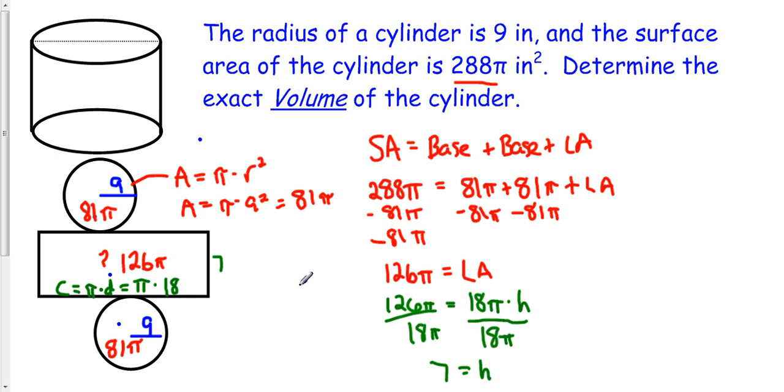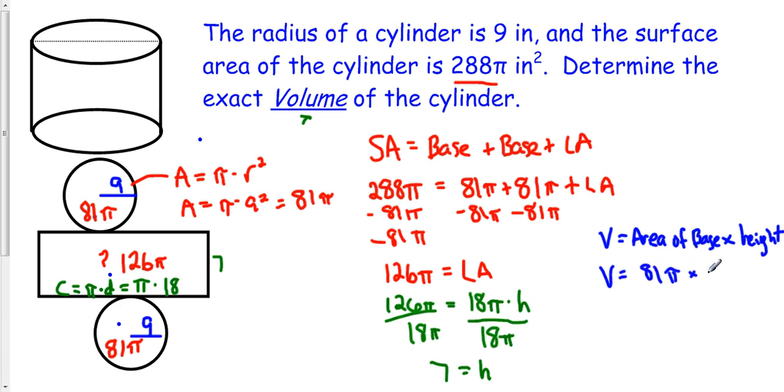All right, so what are we asking for? They want us to find the volume of this shape. So the volume, if you recall, I'll switch up colors so we know we're transitioning here. The volume is the area of the base times the height. And we know the area of the base, that's 81 pi.